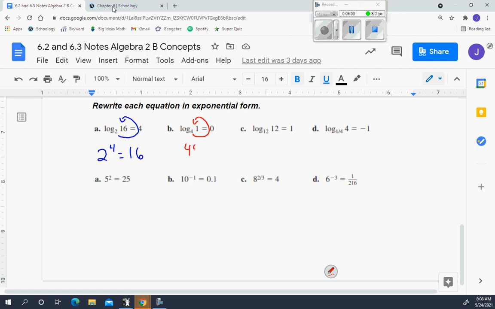This one is way easier. Same thing here. 12 to the 1st equals 12. 1/4 to the negative 1 power equals 4. You can just keep on going.